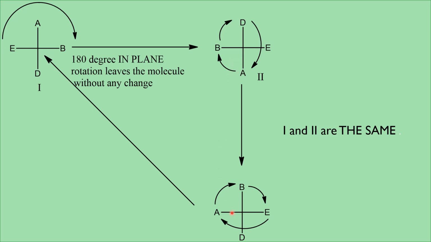So we have done exchange of three groups, and we are doing another exchange of three groups now with A, B, E. So after these three group exchanges, I am ending with the original structure. Therefore, a 180 degree in plane rotation leaves the molecule as such.